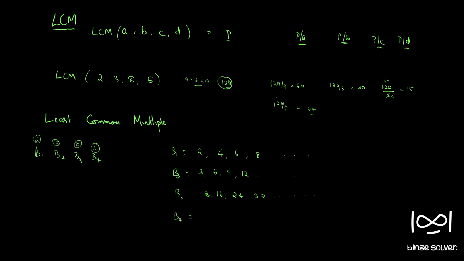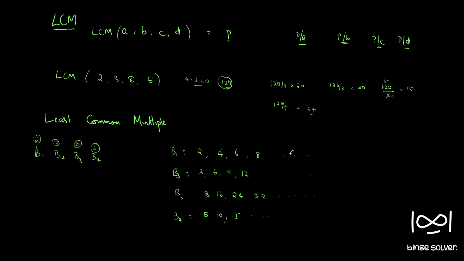And B4 rings at every 5: 5, 10, 15, it goes like this. So when we are asked at what time these 4 bells strike together, there will be some number which is common in all these rows. The first number that is common in all these rows is the time at which all bells ring together.